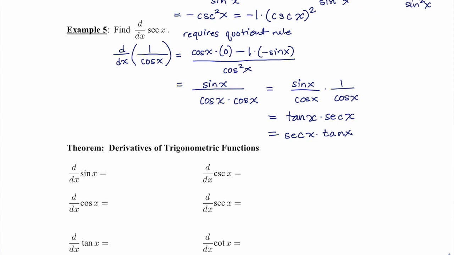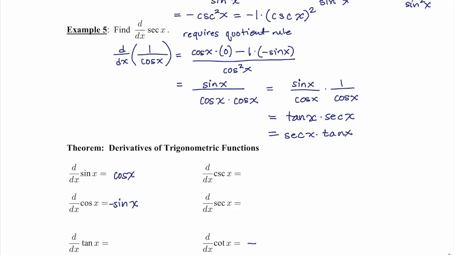So 2 of these we've established using the quotient rule and relating them to sine and cosine. Let's write down the 6 derivatives for these trig functions. So sine is cosine. Cosine of x, its derivative is opposite of sine of x. The derivative for tangent, we didn't establish. We established the derivative for cotangent.